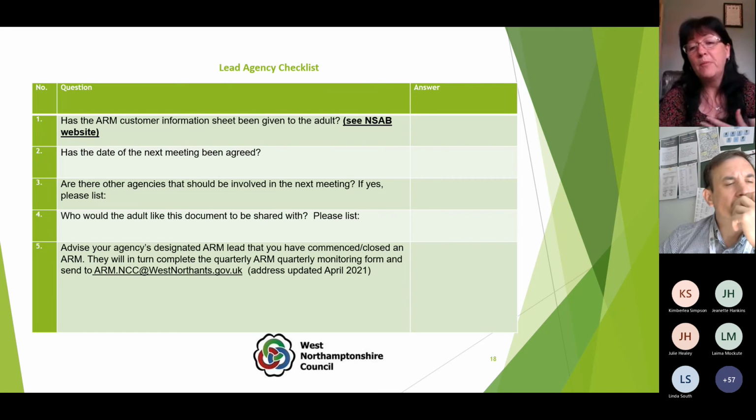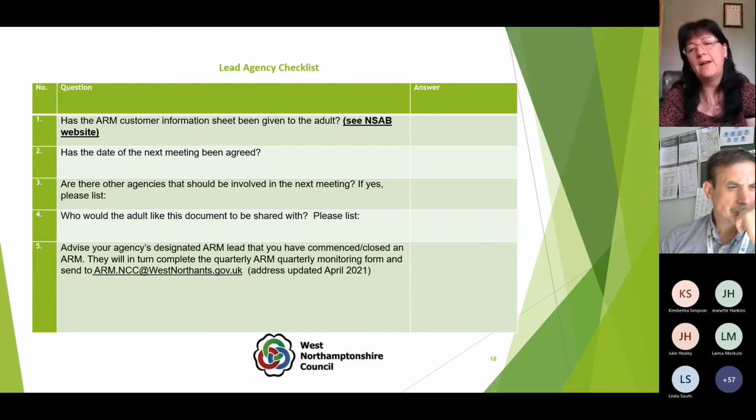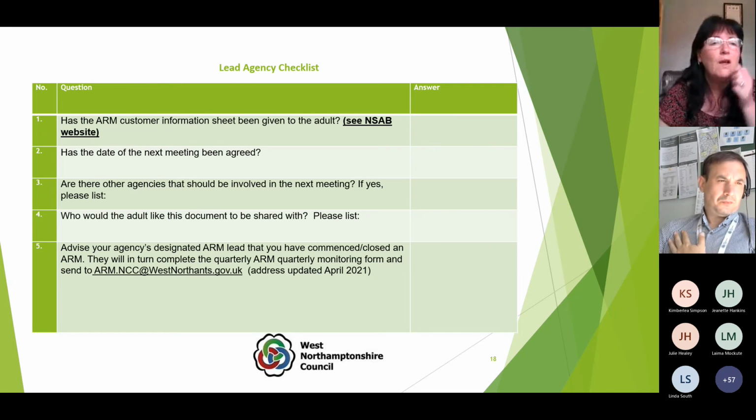And adult risk management is under safeguarding. There is a safeguarding sharing protocol. So I do think that if an individual says, actually, my neighbour is my advocate and I would like them to have a copy because they're the ones that will be able to help me work on this plan, then please make sure they have that.